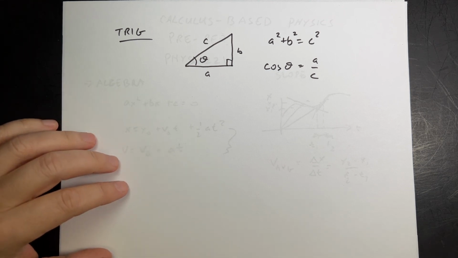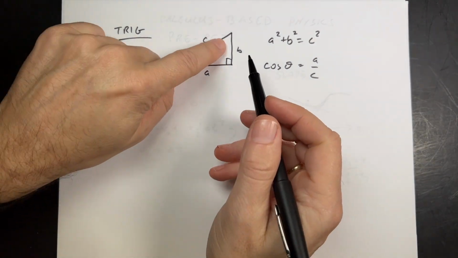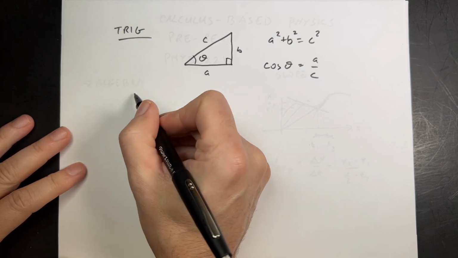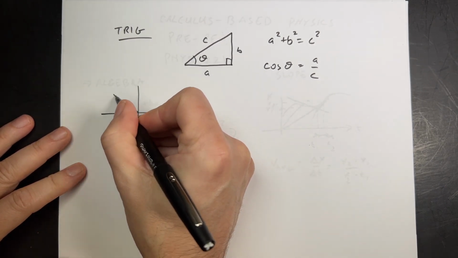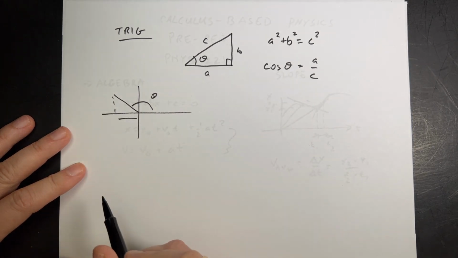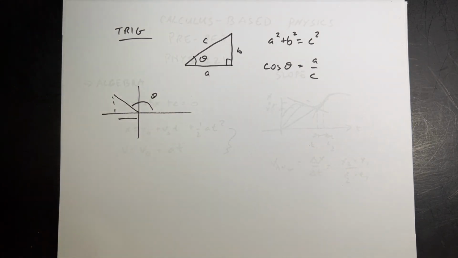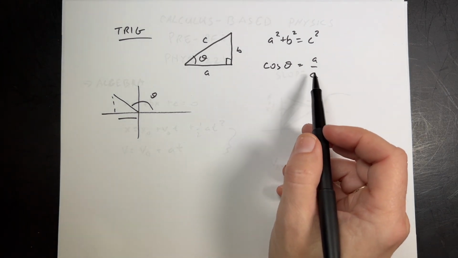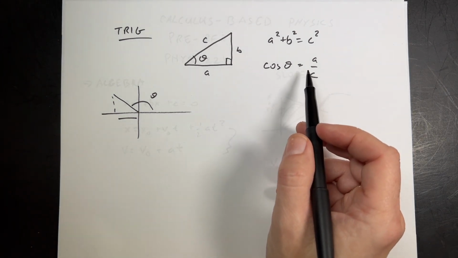Cosine theta cannot be less than -1. But it can be negative, because if I have the triangle like this, and here's my angle theta, then this is my x component, and it's in the negative direction. So that is possible. But this has to be between -1 and 1, and it has no units.